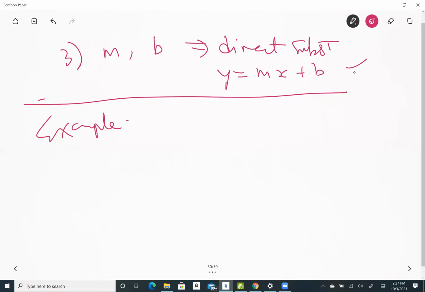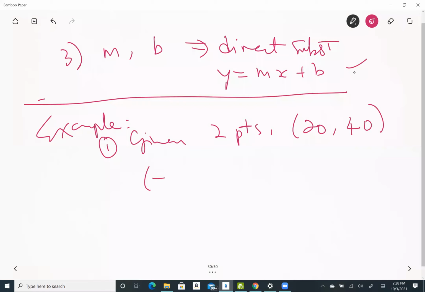Suppose you are given 2 points, say 20, 40, and negative 10, negative 35. Suppose we are given these 2 points. Now find the linear function.